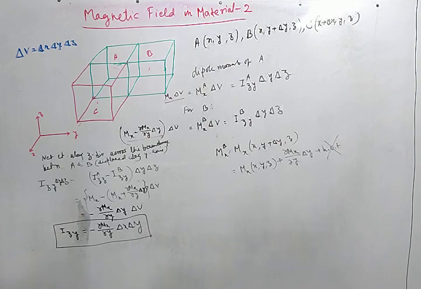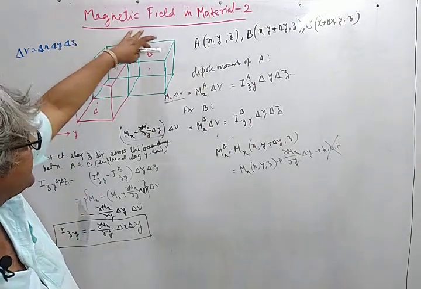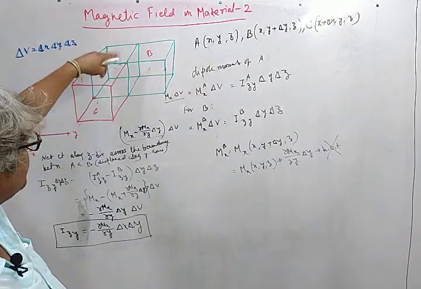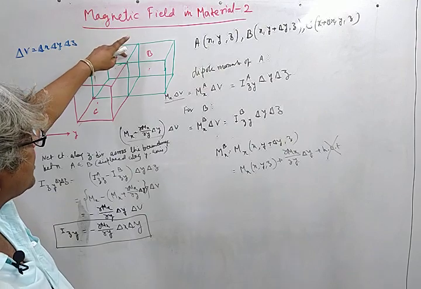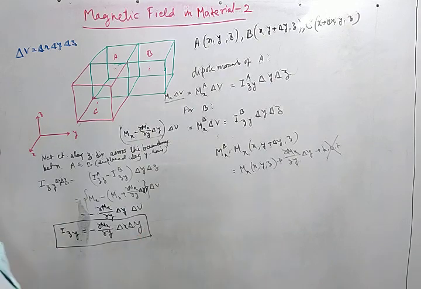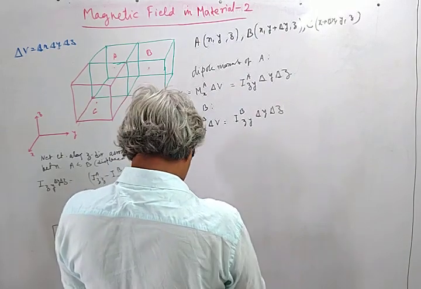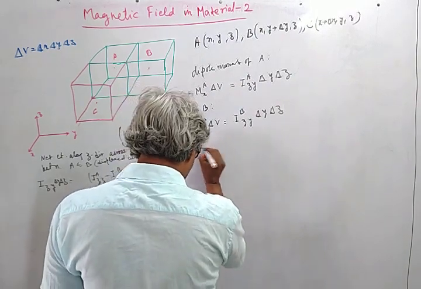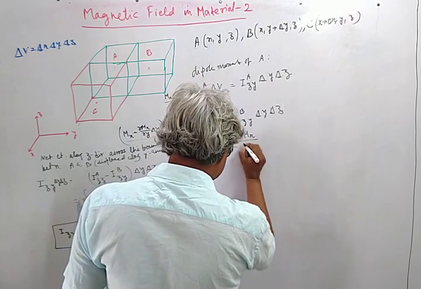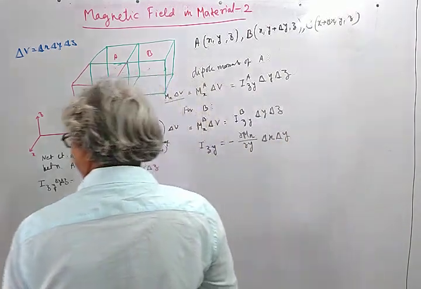If we consider two similar volume elements displaced along the y direction, then the net current flowing along the z direction across the boundary between them is governed by this. So let me write this: I_zy is equal to minus (del m_x / del y) delta x delta y.